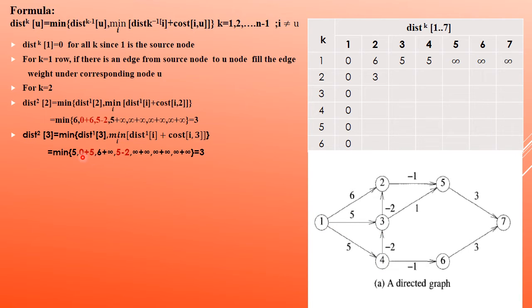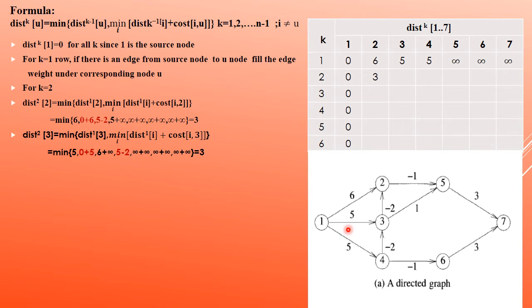So here I should go from 1, 2, not 3, then 4, 5, 6, 7. First write for 1 and 4. For 1, there is a distance of 5 from 1 to 3, and 1's previous distance is 0, so 0 plus 5.